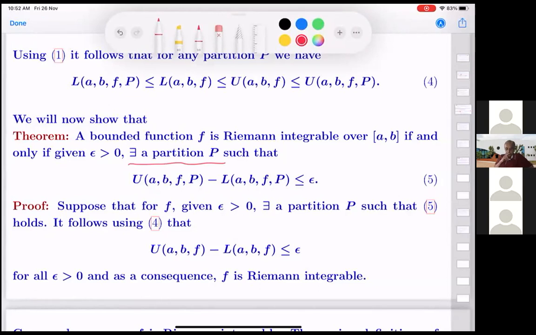From what we have observed, we can also write this equivalently as: there exists P0 such that P0 contained in P implies this. For all refined partitions, the distance between upper and lower will be less than or equal to epsilon. But we have already observed that if we refine, the distance between upper and lower only reduces.